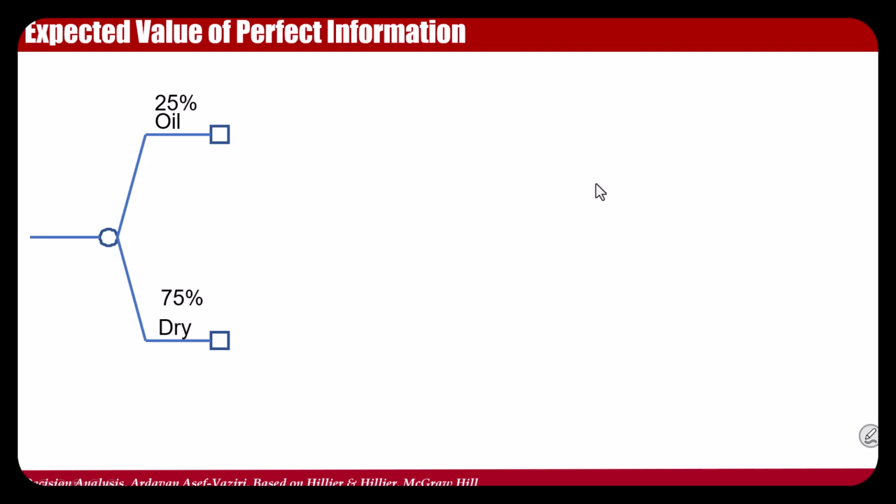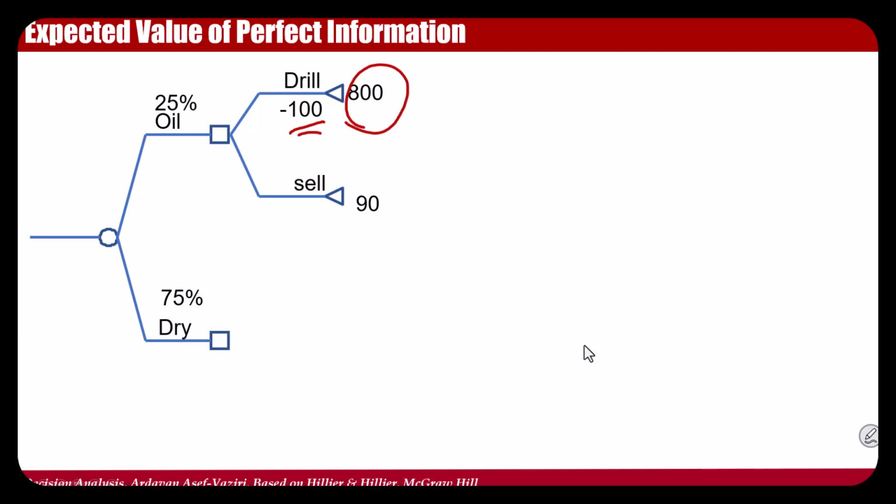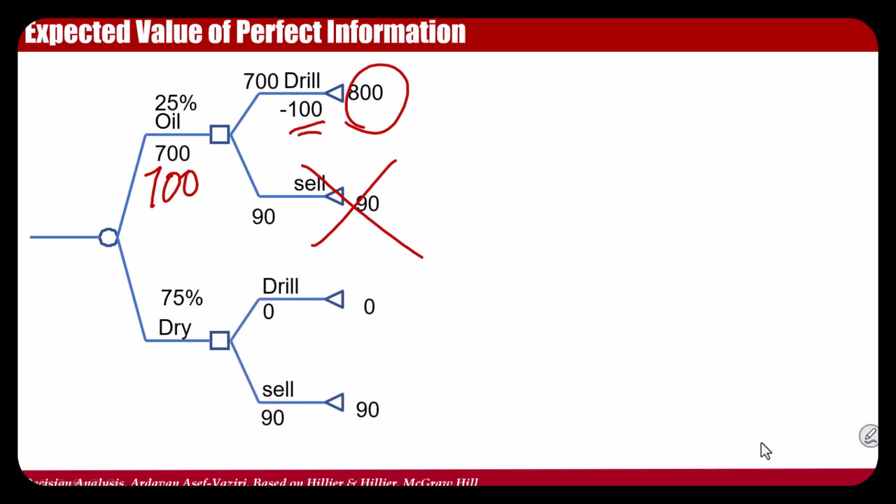If I know that the situation is oil, then I don't sell. I spend $100,000 and I get $800,000 and I gain $700,000. I don't even consider it. However, if I know it is dry, then I don't drill. I sell and I get $90,000.